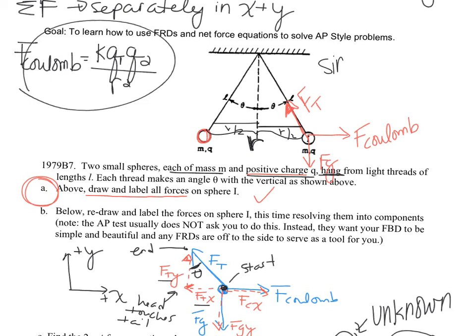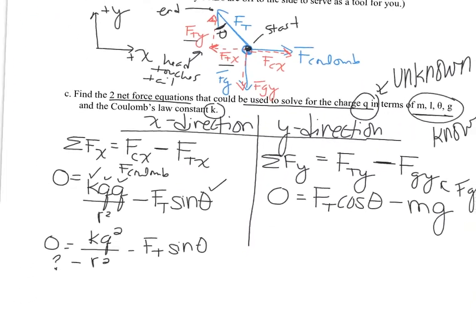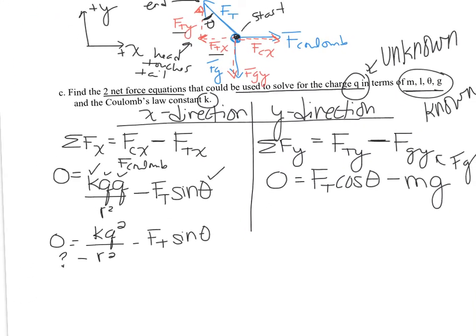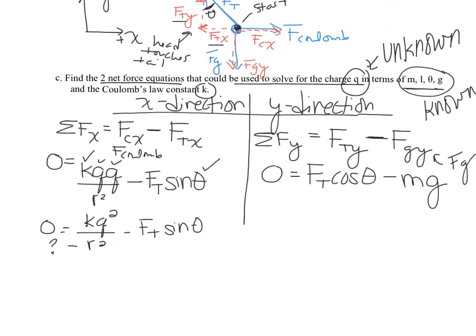So sine theta equals R over 2 over my length L. So L sine theta equals R over 2. 2L sine theta equals R. And that's what I'm going to plug into my equation. So instead of R squared, I'm going to put 2L sine theta squared.